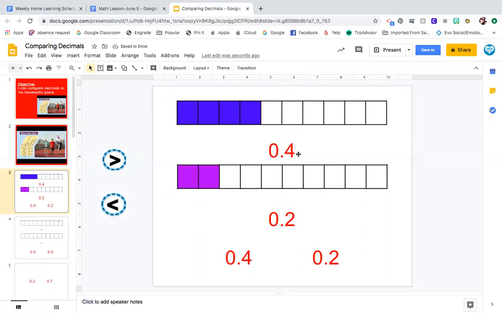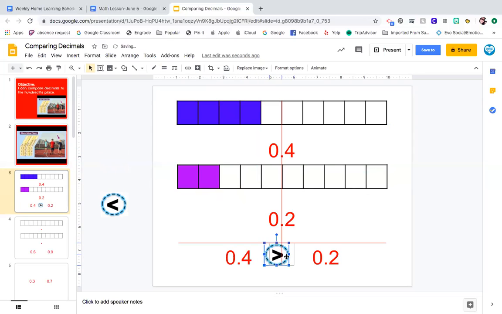Is 0 and 4 tenths greater than or less than 0 and 2 tenths? Well, I see that 0 and 4 tenths has more of the bar model shaded in than 0 and 2 tenths. So that tells me that 0 and 4 tenths is greater than 0 and 2 tenths. So I just slid that greater than symbol in between those 2 numbers.